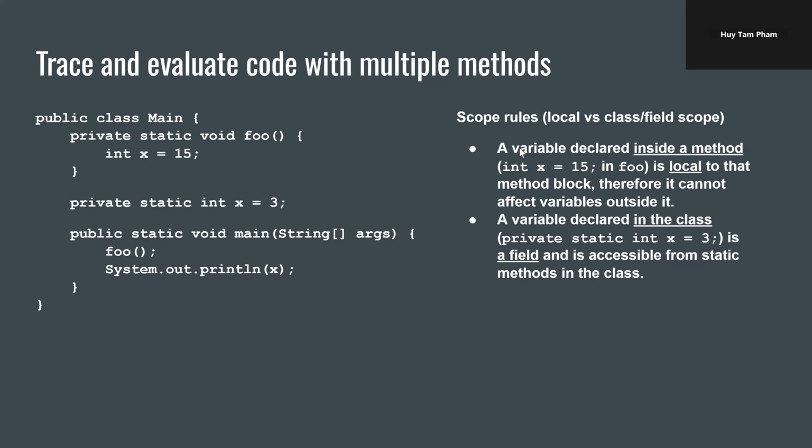If you think of this, it is trying to adjust the x variable before the x variable is declared, because the foo function is actually in front of the static integer x equal 3 declaration. Therefore it will create an error.